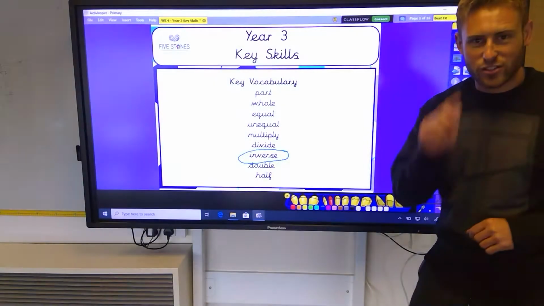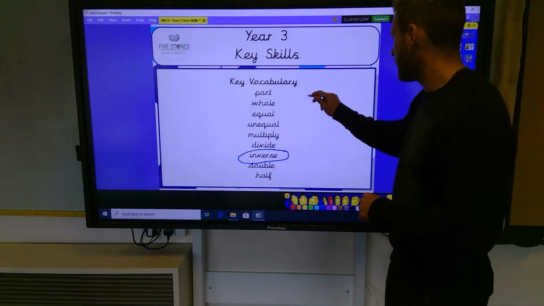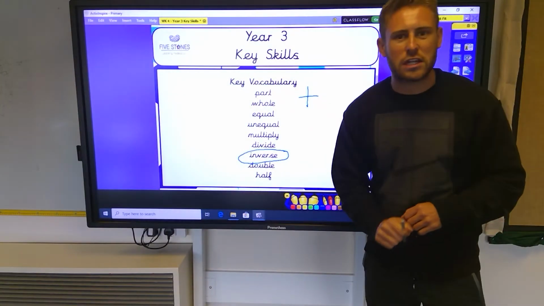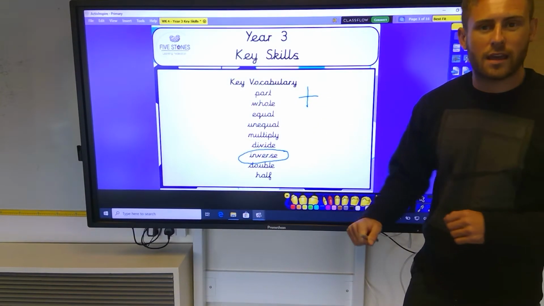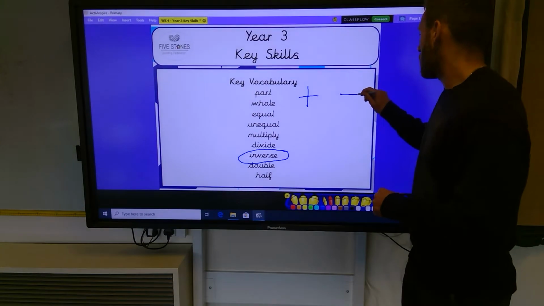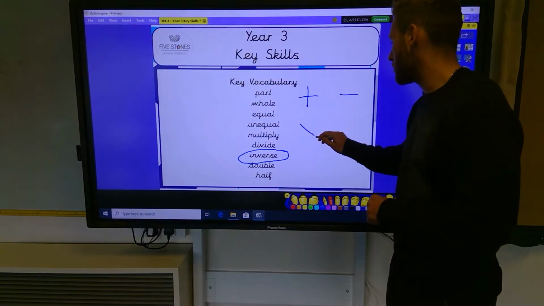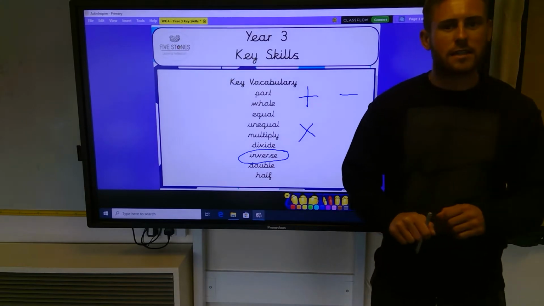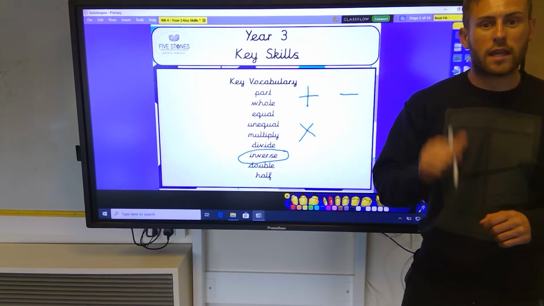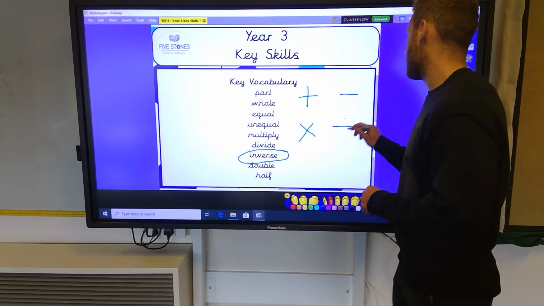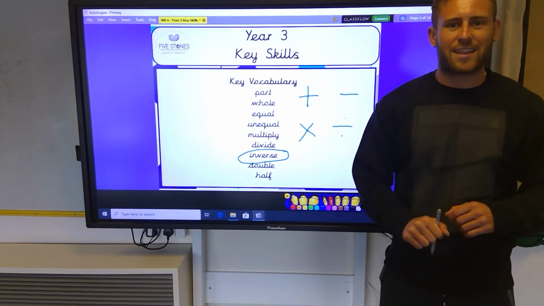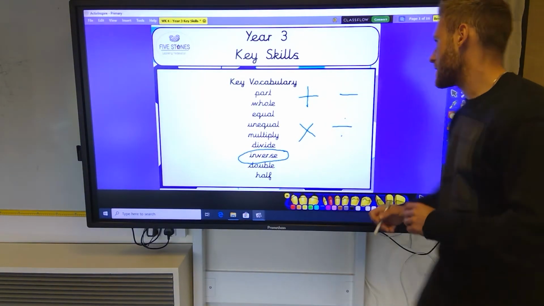I can certainly hear some of you saying the opposite. Yes, so if we had an addition calculation, the inverse would be the fact family with the subtraction sentence instead. And if I had a multiplication number sentence, the inverse would be the division number sentence as well. So well done for recognising that.